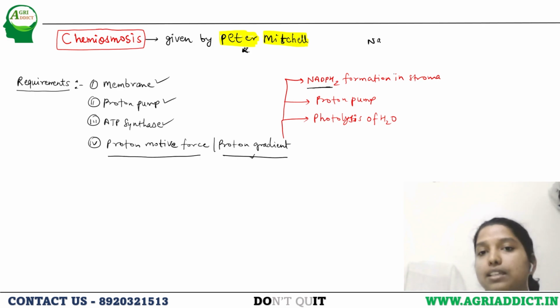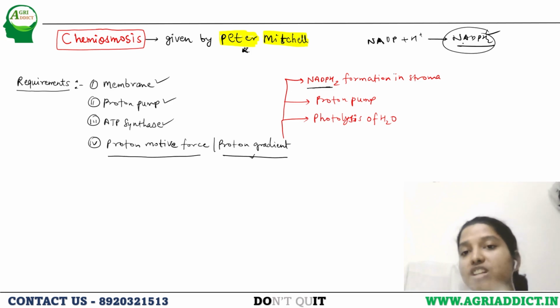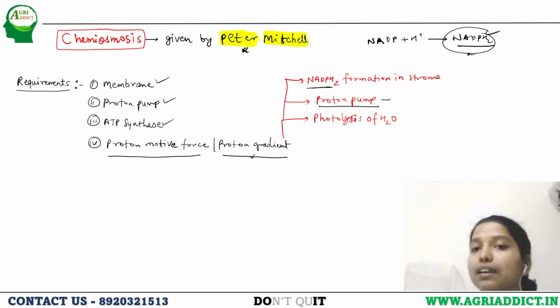What is happening is that NADP from the stroma is combining with H plus, so it will form NADPH2. So H plus is getting used to produce this, and the H plus concentration is decreasing by this mechanism. Now, this proton pump is there. What is this proton pump? This is plastoquinone transferring. The chutney and samosa concept you remember.